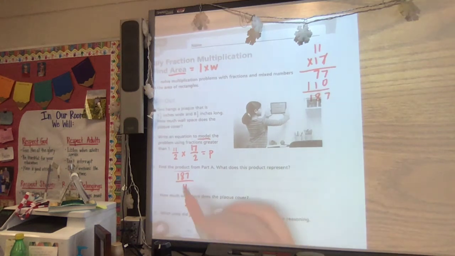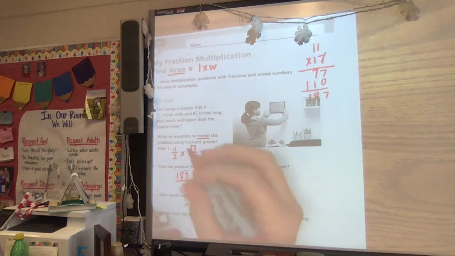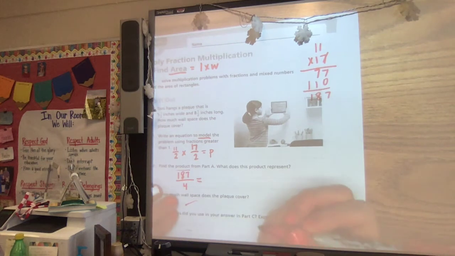You might remember when we were doing lesson a few days ago, fourths was how, when we were seeing those little square pieces, that was how many of those little square pieces it is. We can also make this into a mixed number.